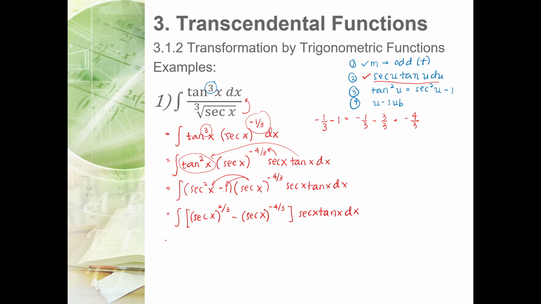Why is this one 2/3? Because 2 minus 4/3, using the shortcut, 6/3 minus 4/3, that's 2/3.